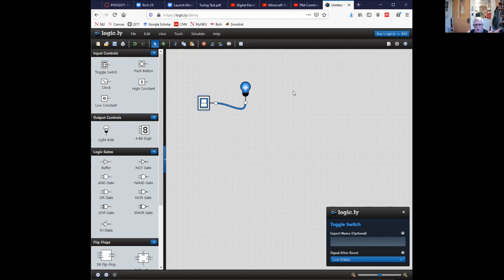Most house switches, you flip them up to turn them on, right? But this and Minecraft are the opposite. So when it's down, you're getting a signal to the light bulb, and the light bulb, even though it's dark inside, shows that the filament is white.